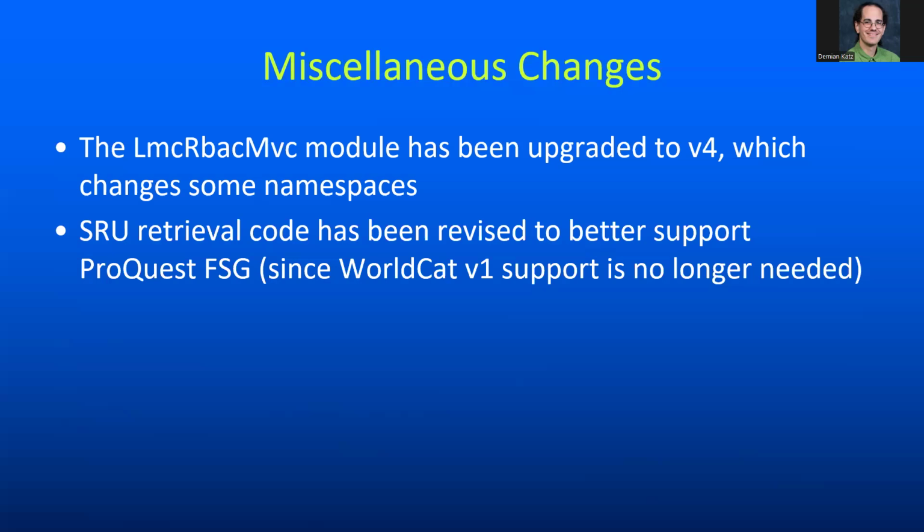But we took away one SRU API, added a different one in its place, and so the base generic SRU code has been revised to be more compatible with ProQuest because there's really no reason to worry about the abandoned WorldCat API that's no longer even online.